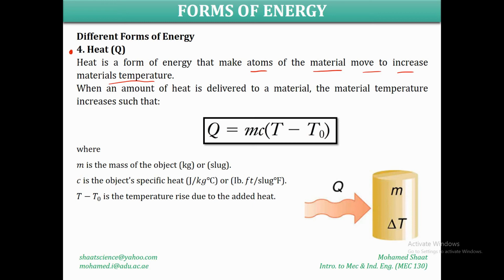The heating will result in a change in temperature, mostly an increase, and this requires a certain amount of heat that we deliver to the material. Likewise, we can absorb heat from the material, and the absorption of heat results in a decrease in temperature.